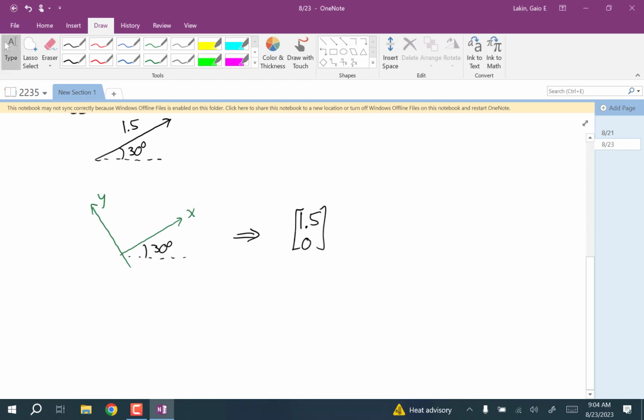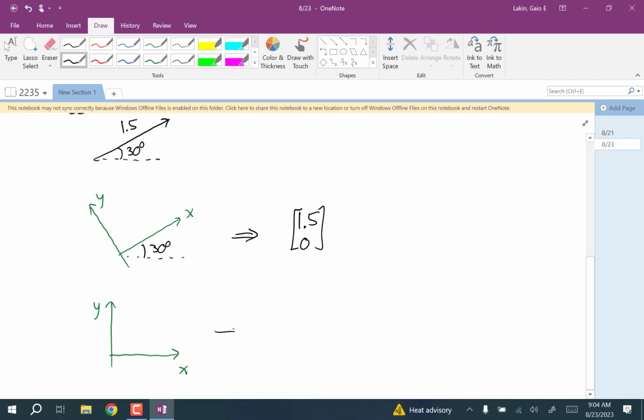Okay. If you're using the coordinate system that you're most familiar with, like this, then the components would be 1.5 times cosine of 30 degrees, 1.5 times sine of 30 degrees. So that's like 1.299, 0.75.